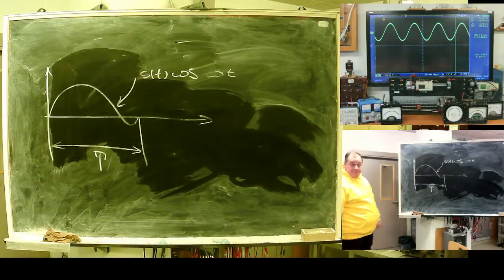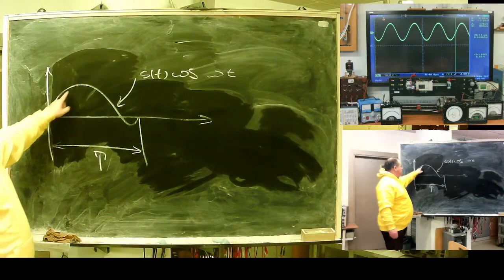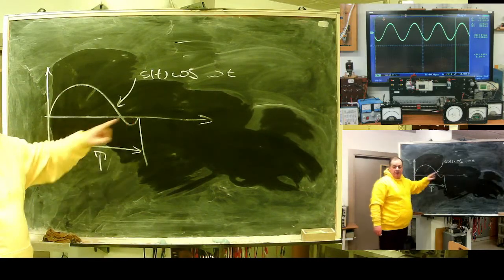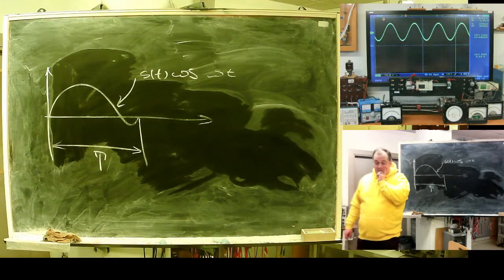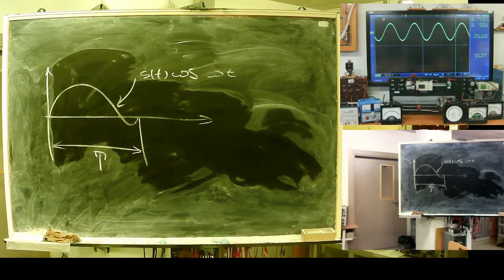To obtain the Fourier part, this magic number, I need the area of this figure. But there is one tiny moment. Do I have this one?